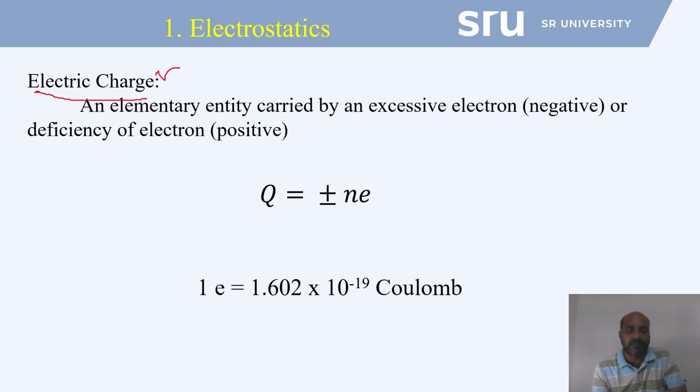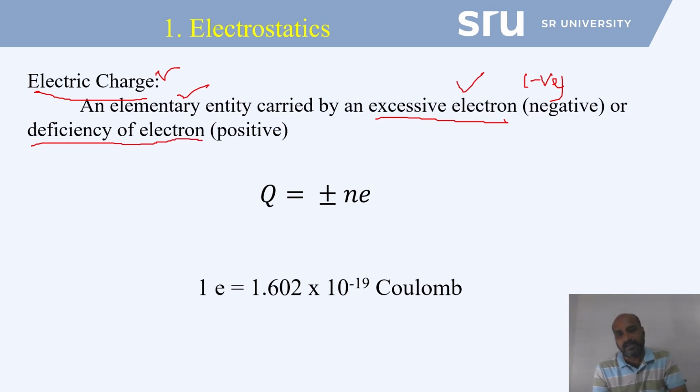charge. So generally, electric charge is an elementary entity, and this electric charge is carried by either excess of electrons, and generally we will say negatively charged particle, or even it is possible if there is any deficiency of electrons.